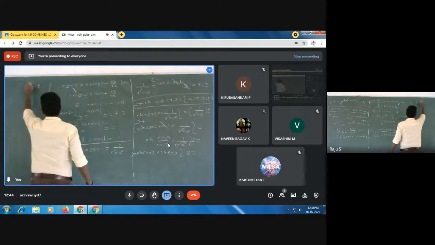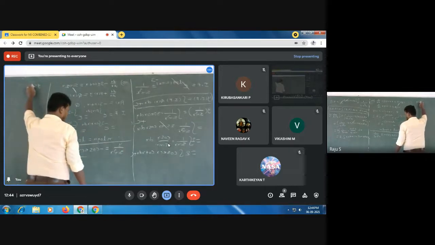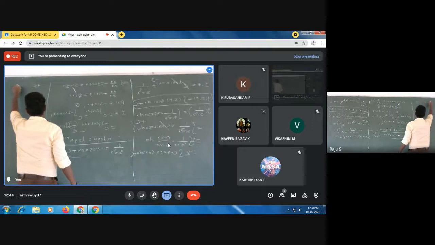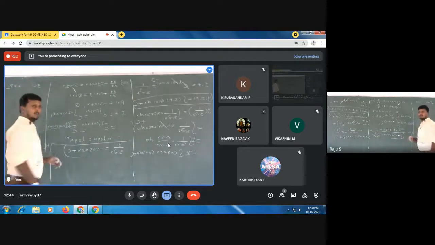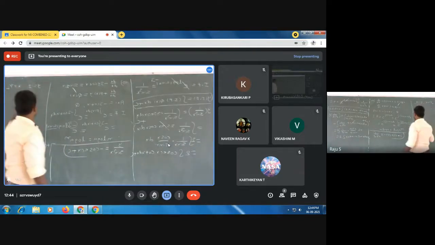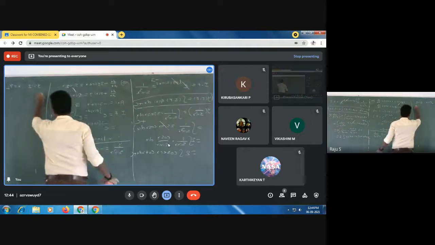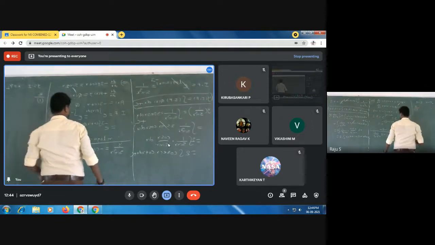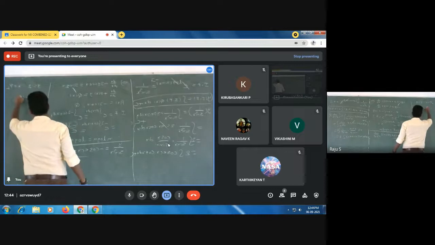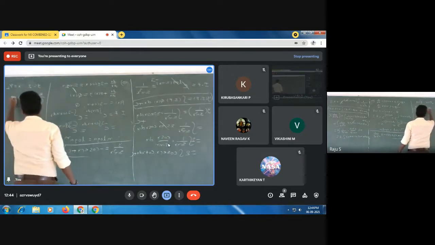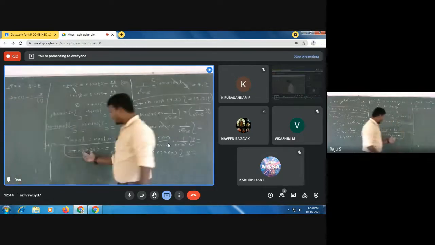Now y is equal to, what is the y value they have given? Okay, y value 2. Substitute here. When I substitute, 2 by 1 is equal to minus 1 plus c. Cosecant 90 is also 1.